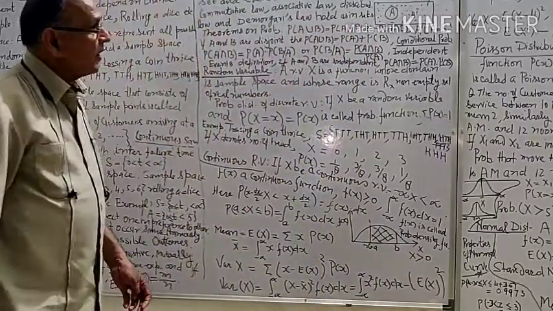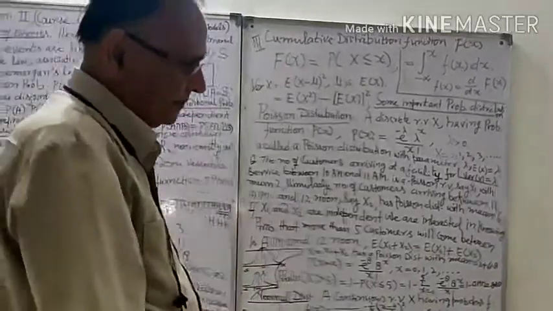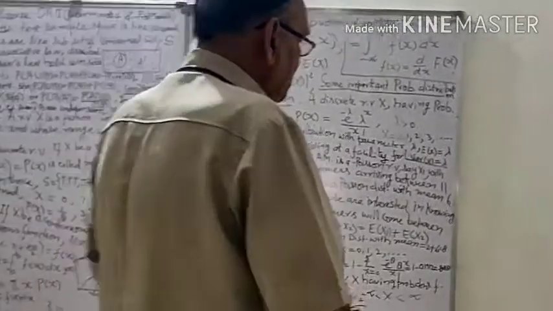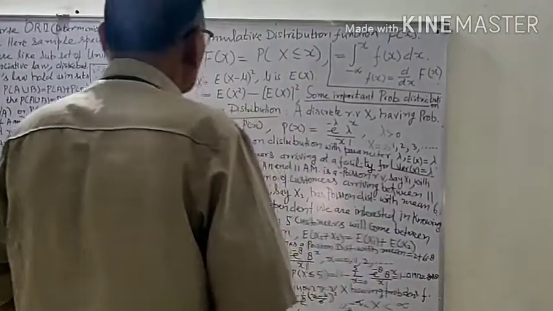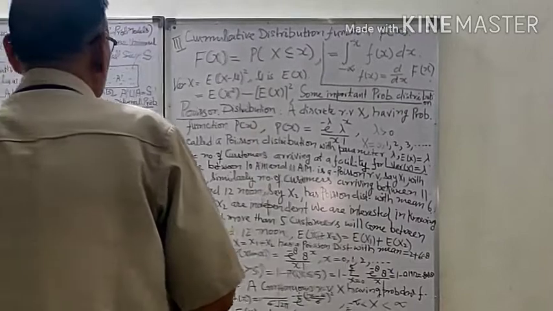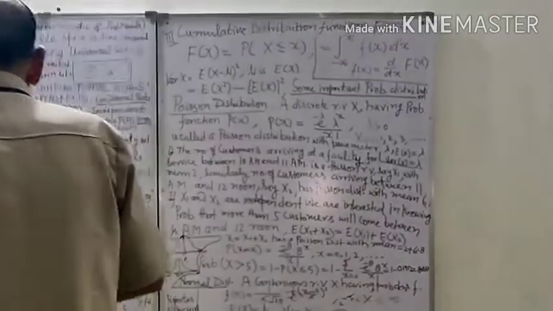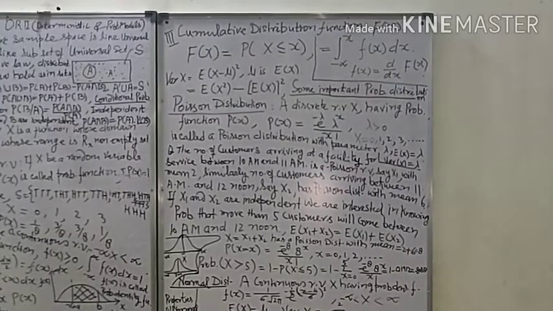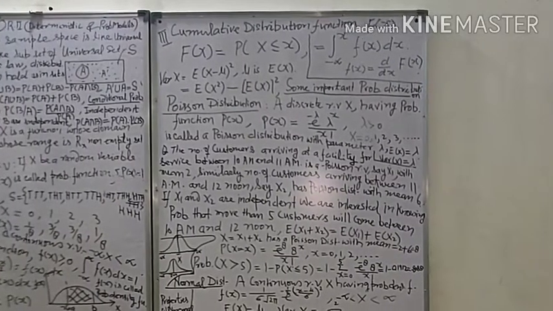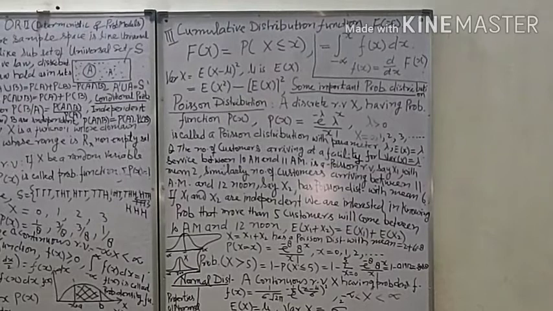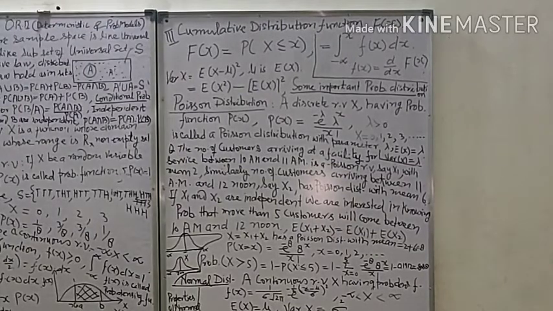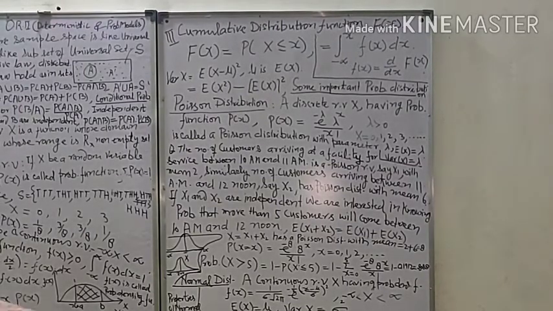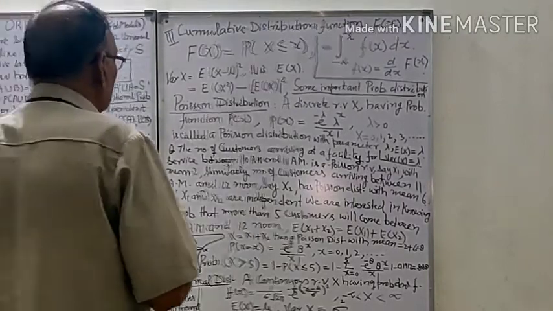So this is about another function. In case of discrete, it is probability function. In case of continuous, probability density function. But there is another function which is known as cumulative distribution function. It is there in case of discrete random variable. It is also there in case of the continuous random variable.